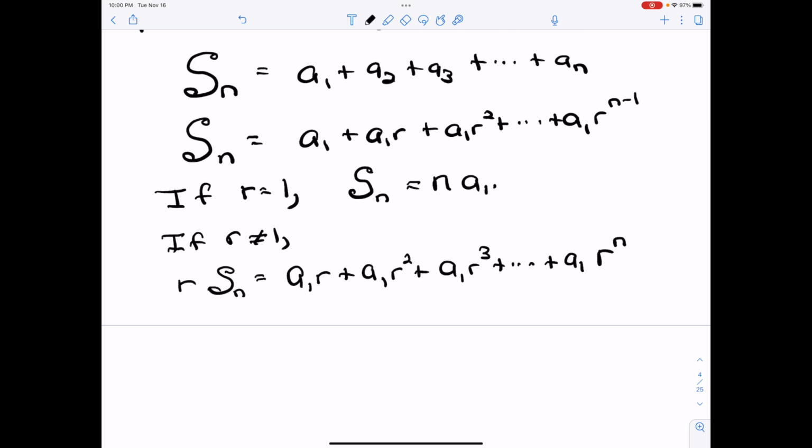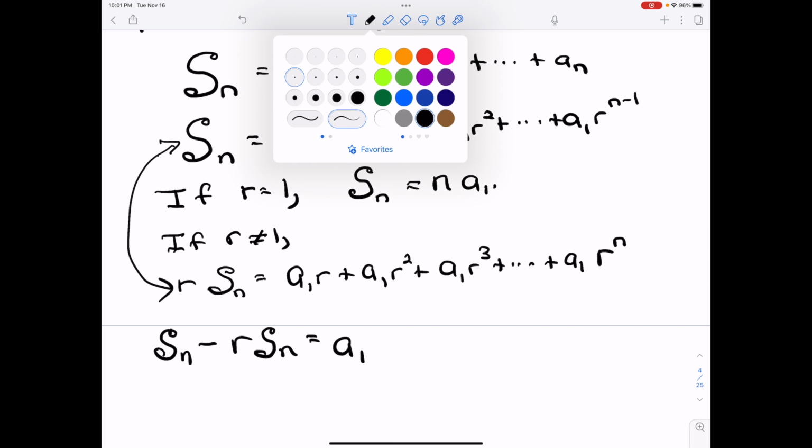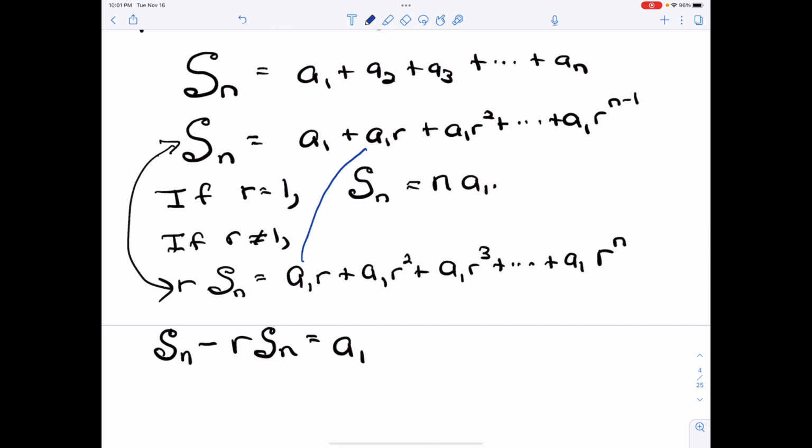Well, what if we take the s sub n equation and do minus r times s sub n? Well, if we subtract those, we'll have the a sub 1, but notice that you'll have all these terms that cancel out with each other.